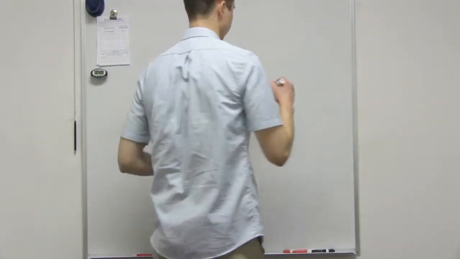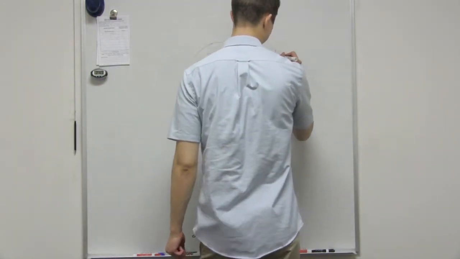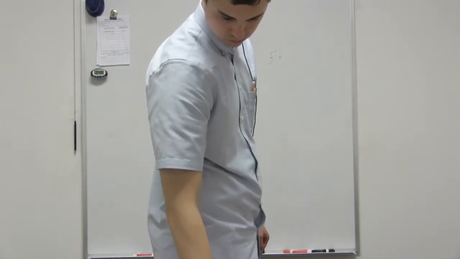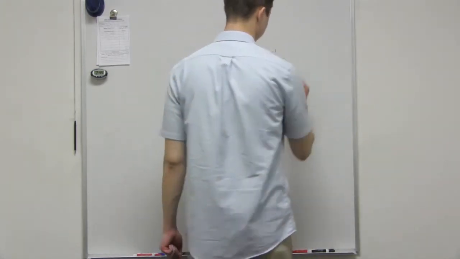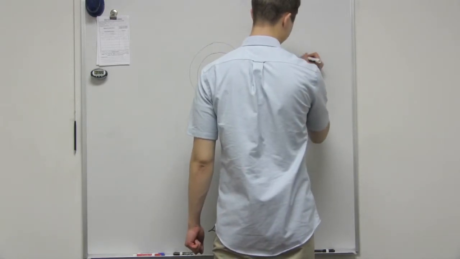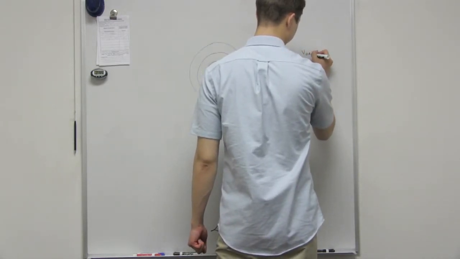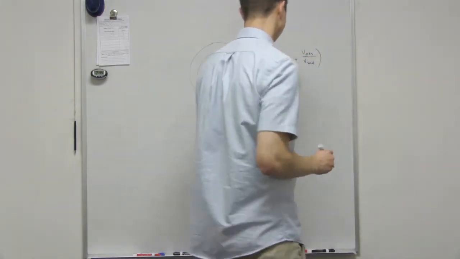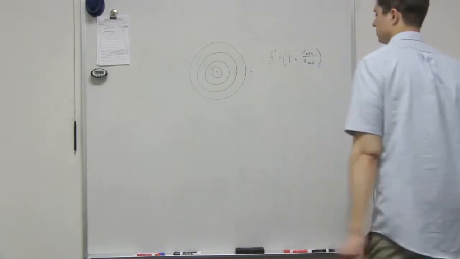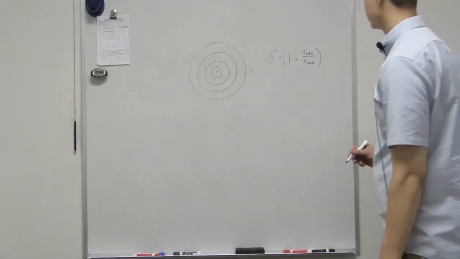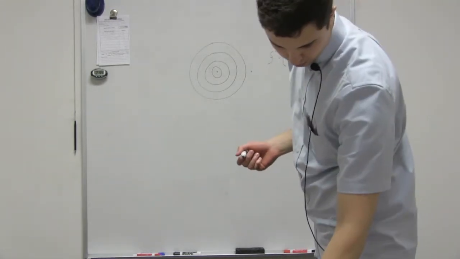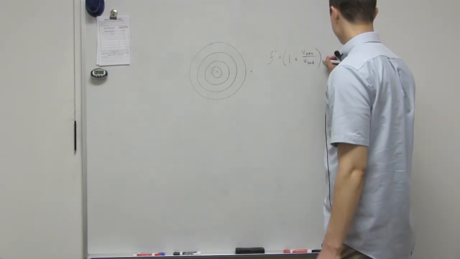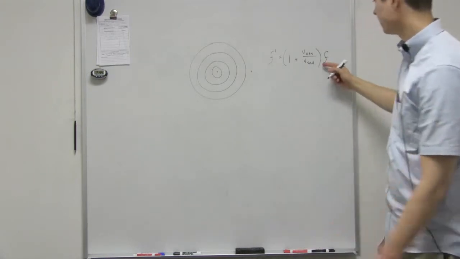And that equation is F prime equals 1 plus velocity of the observer over velocity of the sound, probably multiplied by F. So how does this F differ from this F?